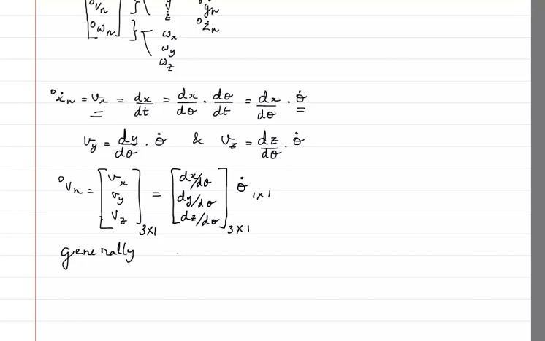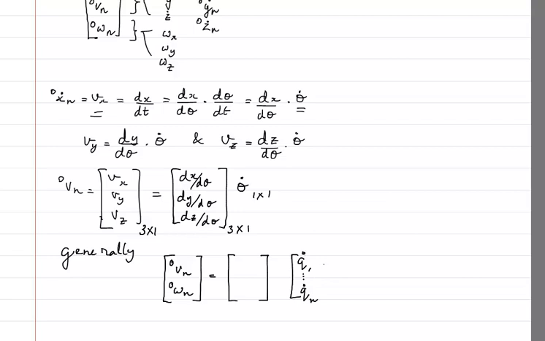generally, the velocity can be divided into two parts, the linear velocity and the angular velocity of n, and that is equal to the Jacobian matrix multiplied with the matrix of q1 dot all the way up to qn dot.